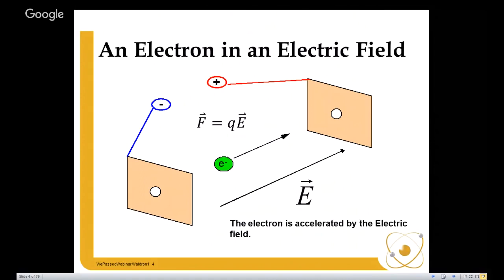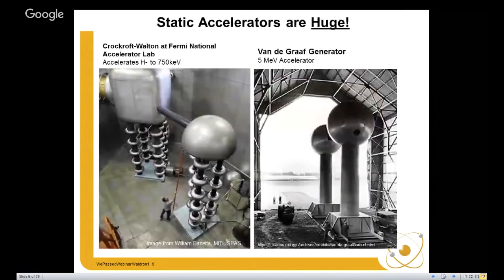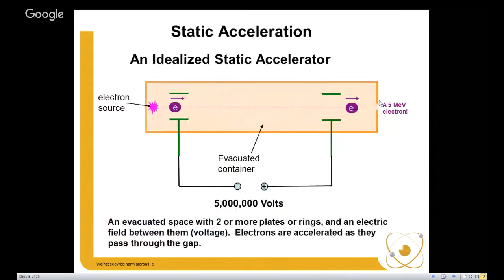So let's get a little more realistic here and talk about an evacuated cylinder, shown here, an electron source, which I'm just going to leave without detail, a couple of electrodes, and we'll just put 5 million volts between these 2 electrodes, and electrons will be accelerated from left to right. And when they exit, they're going to be at 5 MeV energy. And that's great, except for this whole 5 million volts problem.